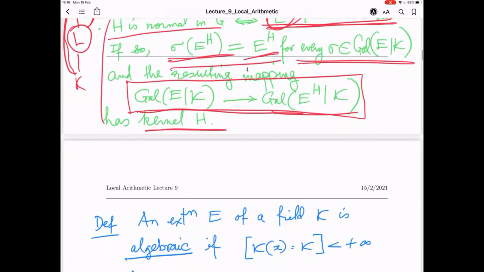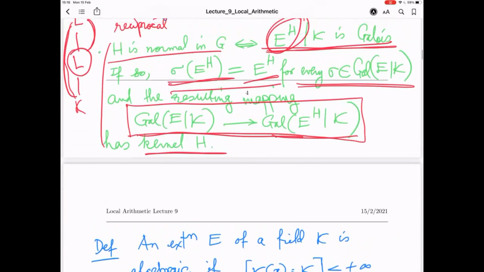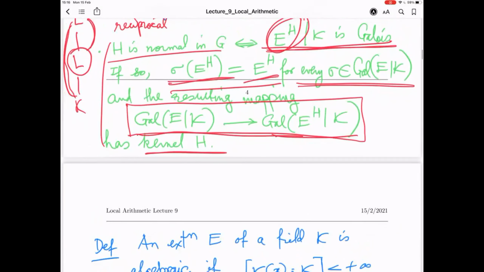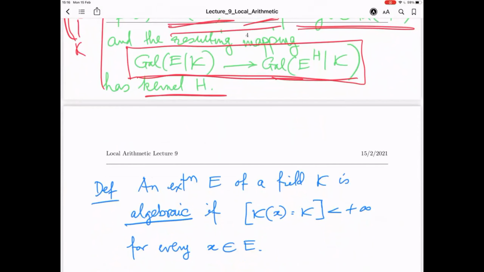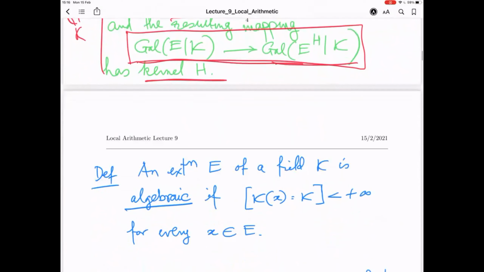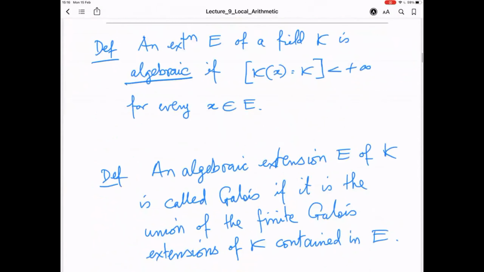I just recalled it because some of you might not have taken a course in this yet. So more generally, an algebraic extension of a field: now you take an arbitrary extension E of the field K. I'm not assuming that it is of finite degree.